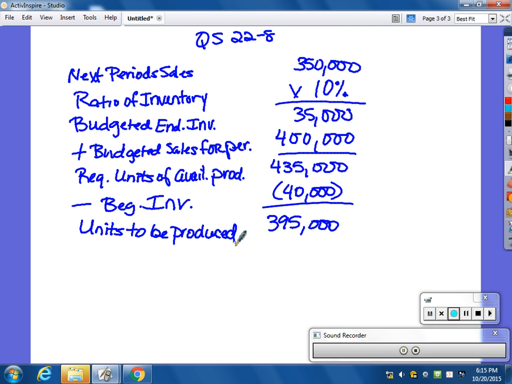All right, 22-9. Refer to information from Quick Study 22-8. Forest Company assigns variable overhead at a rate of $1.50 per unit of production. Fixed overhead equals $4,600,000 per month. Prepare a factory overhead budget for November. What do we start with?